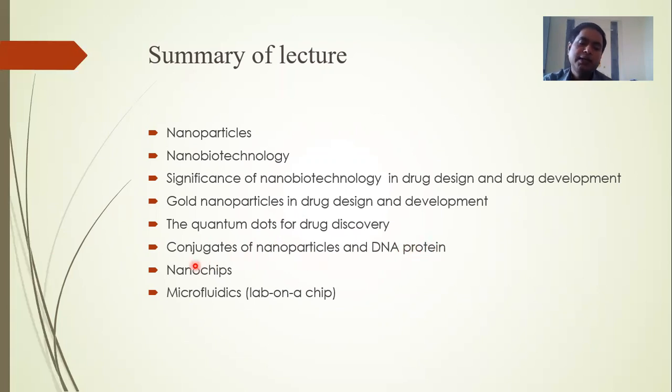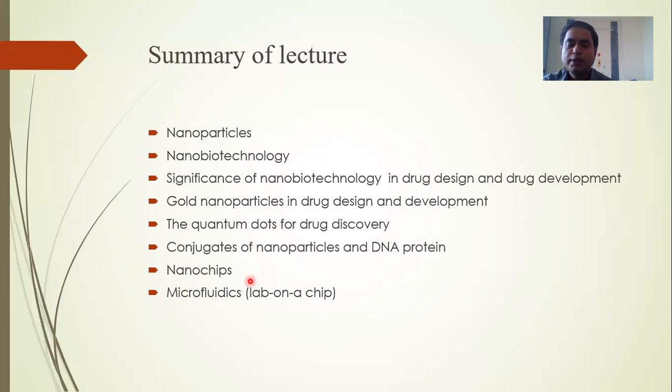We have also investigated the nanochips, the application of nanochips as a molecular diagnostic and in the disease diagnosis process. So the microfluidic device is also a fluidic discipline and emerging science that provides us rapid detection of any disorder or any biomarker.